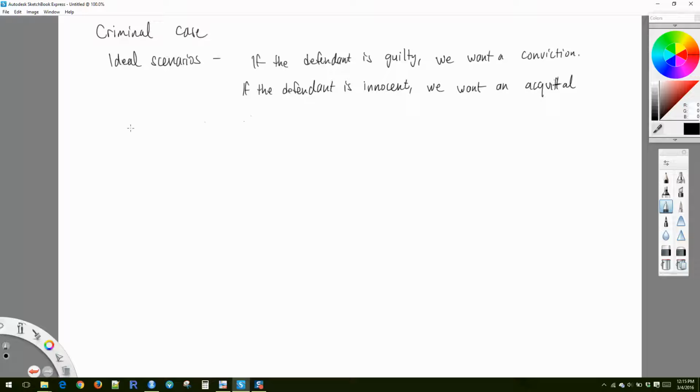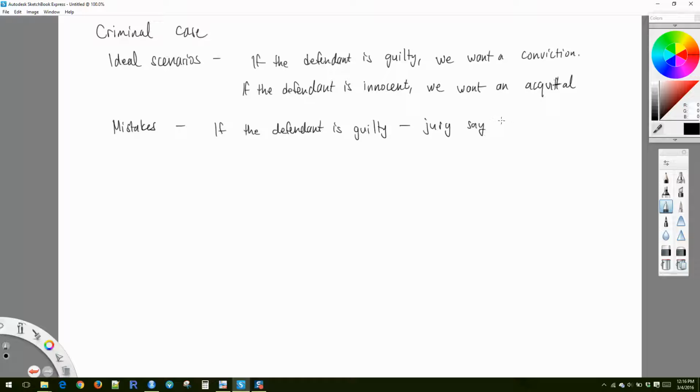Okay, so we've got the ideal scenario. All right, and then these are mistakes. Now we don't want to make either of these mistakes, but there are 2 possible mistakes, right? So one mistake is if the defendant is guilty, the jury says not guilty.